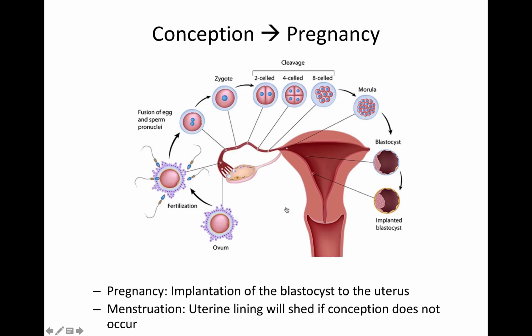From here, we get the formation of a zygote. This zygote will then divide into multiple cells, forming a blastocyst. Pregnancy will occur when the blastocyst successfully implants into the uterus. If fertilization and implantation do not occur, the menstrual cycle will continue with menstruation.